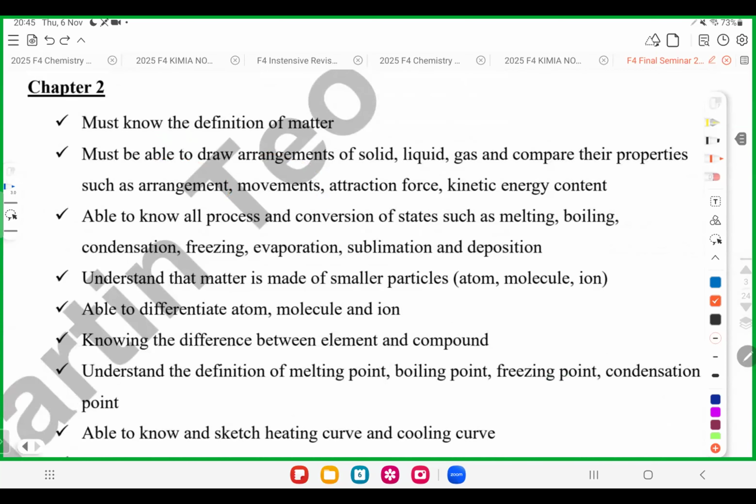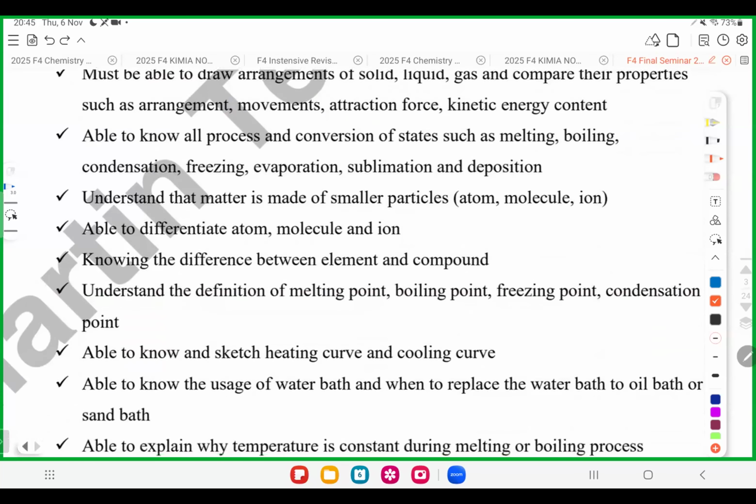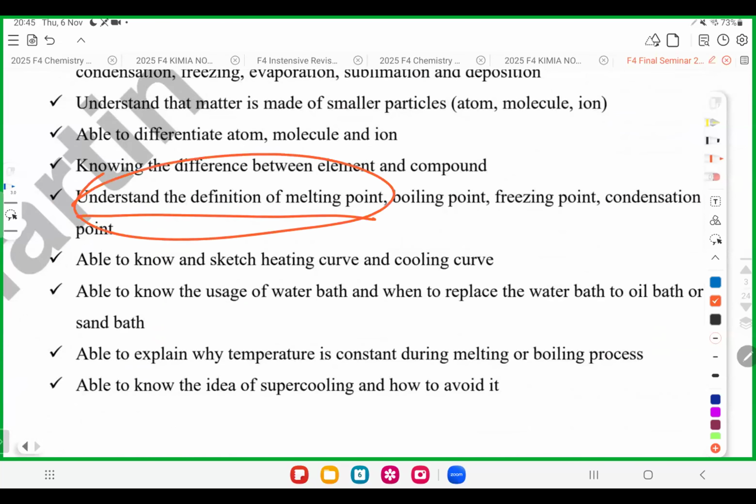So this is a good checklist. It can help you to counter check, do you really achieve what you need to know in the particular chapter? Because a lot of students don't even know, am I okay or not with chapter 2? So today you ask yourself, do I know the definition of melting point? If any one of you here doesn't know the definition of melting point, go and revise on it.